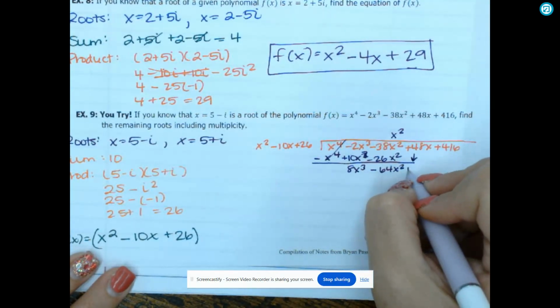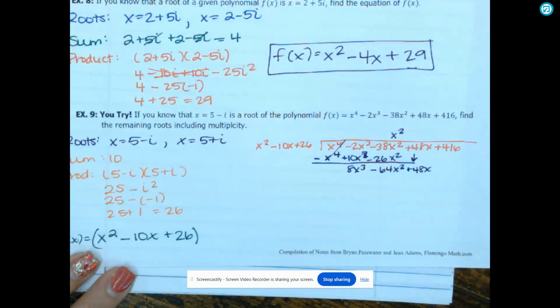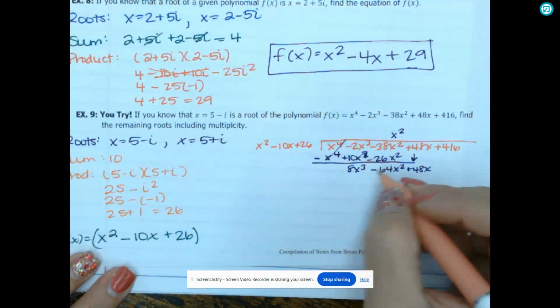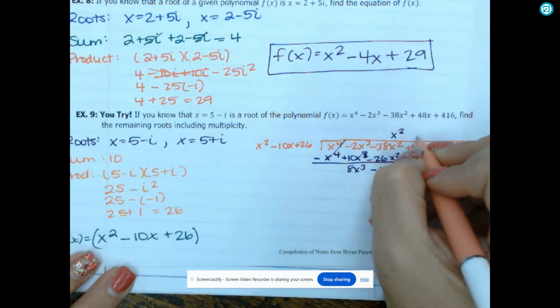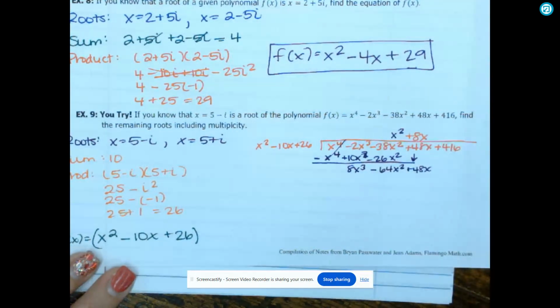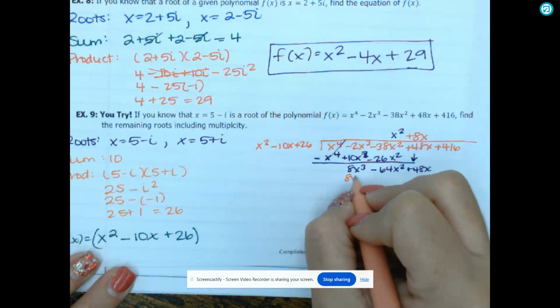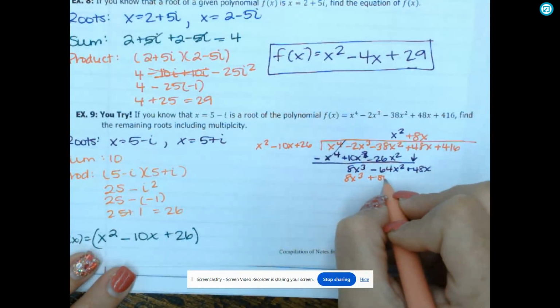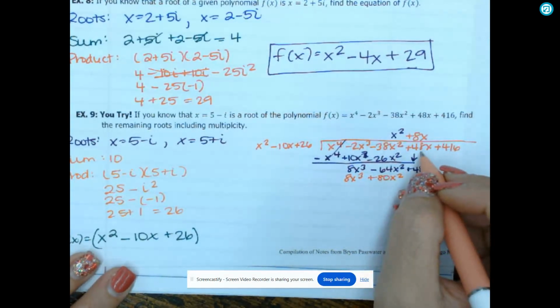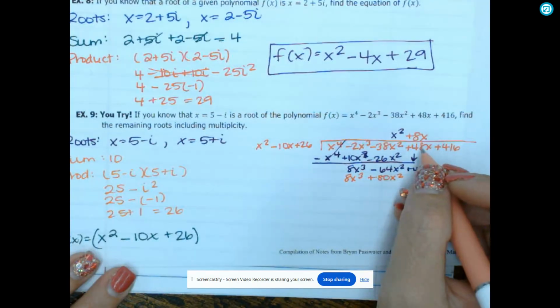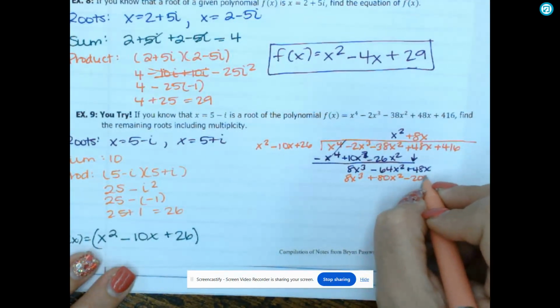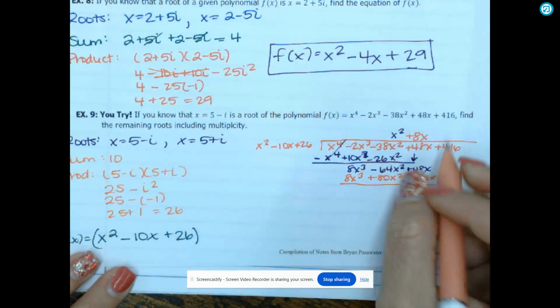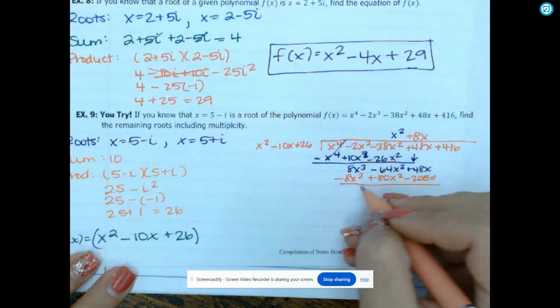We're going to bring down our 48x. So x squared, that's going to be plus 8x. That's going to give me 8x cubed minus 80x, so that's going to be plus 80x squared minus 208x.